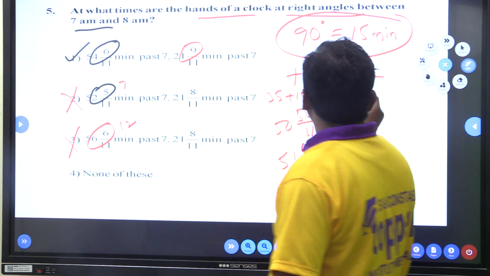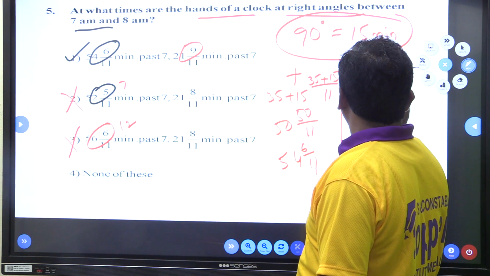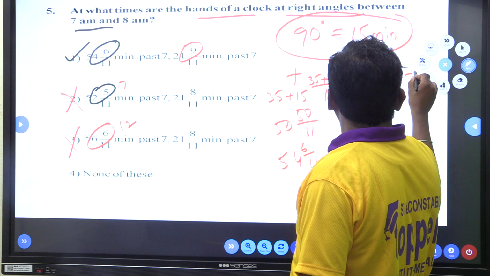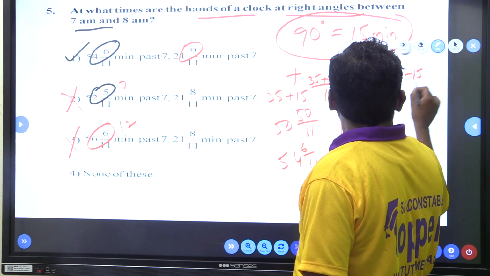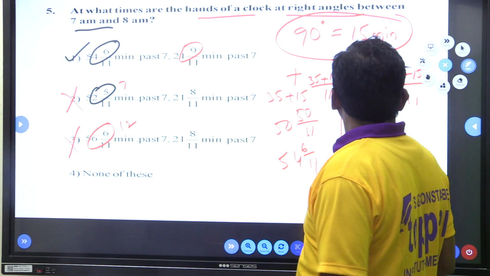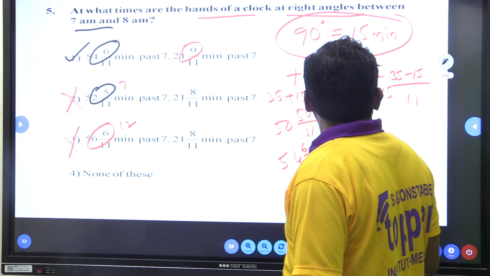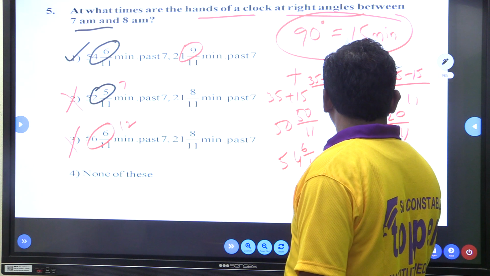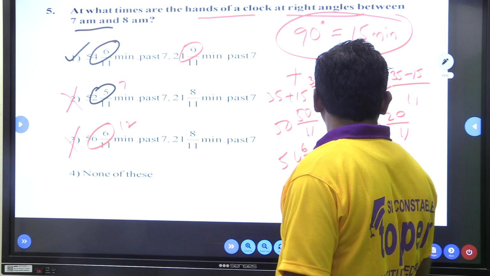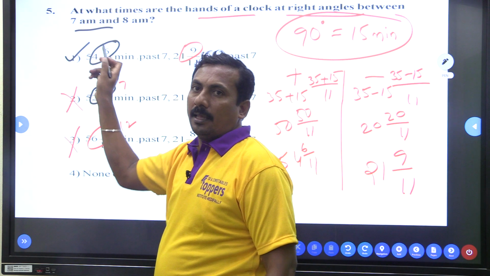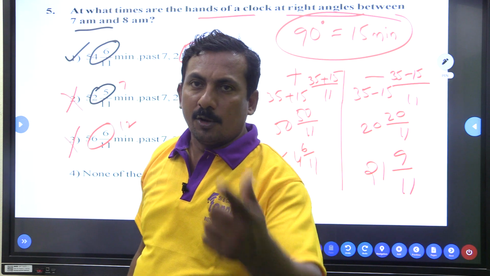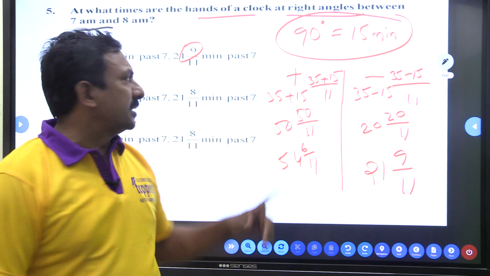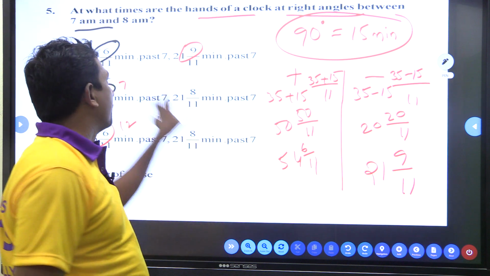One more answer, okay, cross-check it. 35 minus 15 by 11. So here 20 by 11 is nothing but 21 of 9 by 11. So both are in the options. I hope you understand. So the better method is to first go to the sum method, sir.